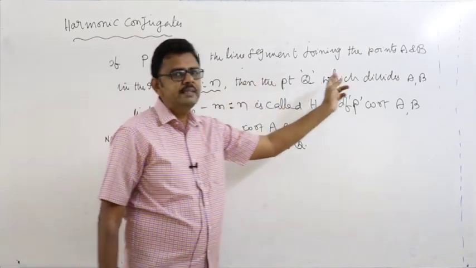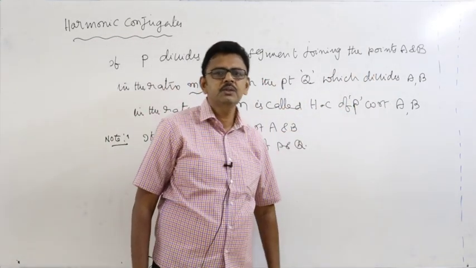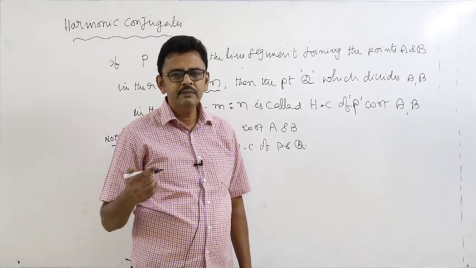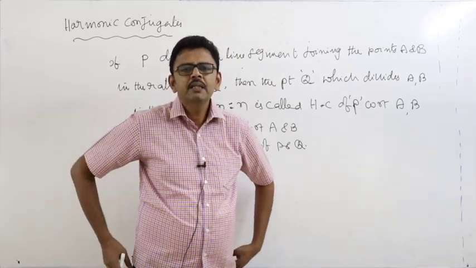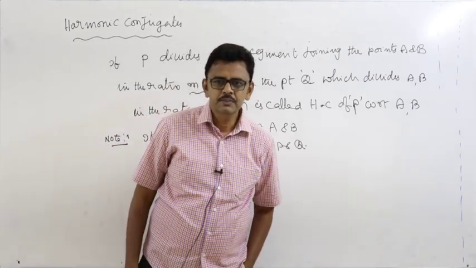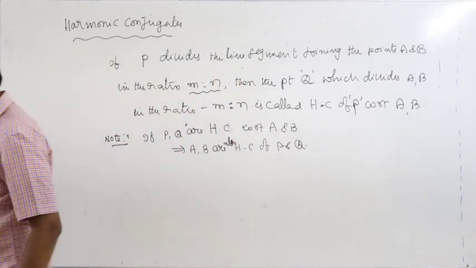If P divides AB in the ratio m is to n, then the other point Q which divides AB in the ratio minus m is to n is called the harmonic conjugate of P with respect to A and B.